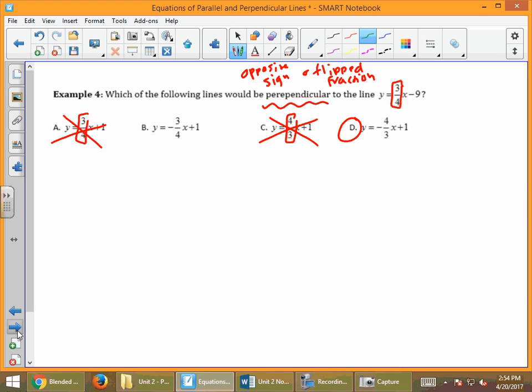Again, our slope is 3/4. So to make it perpendicular, we flip the fraction, so it becomes 4/3. Change the sign. So our slope of our new line is going to be -4/3. That one is the one that's -4/3. It's just opposite signs, but the fractions are not flipped.